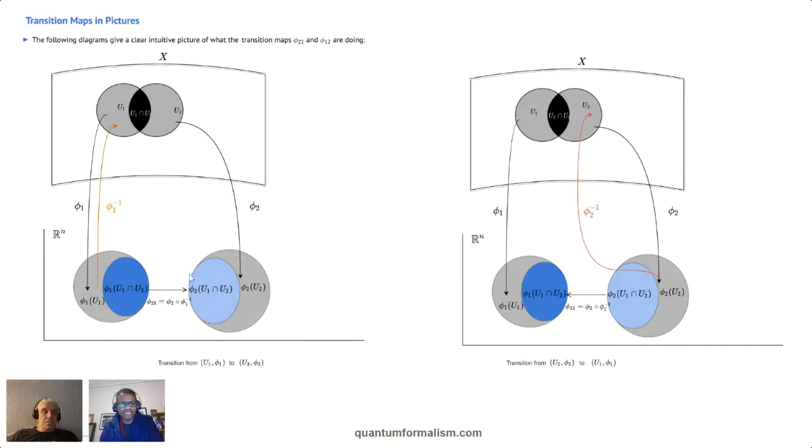This is their intersection here. This is U1, this is the map phi 1. This is the image of the intersection. And this is the transition. So phi 2 1 is just this: it goes from this intersection here to this intersection here. So in other words, imagine that you came this way.